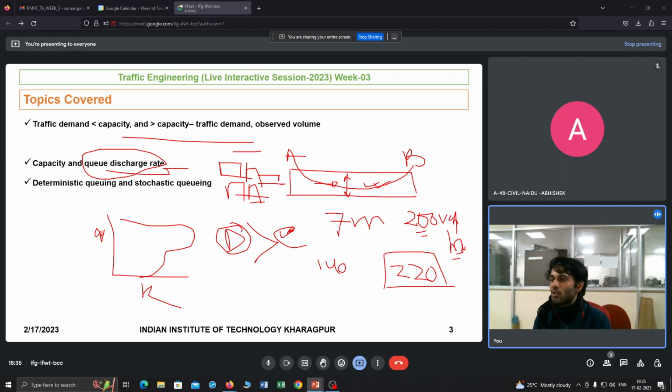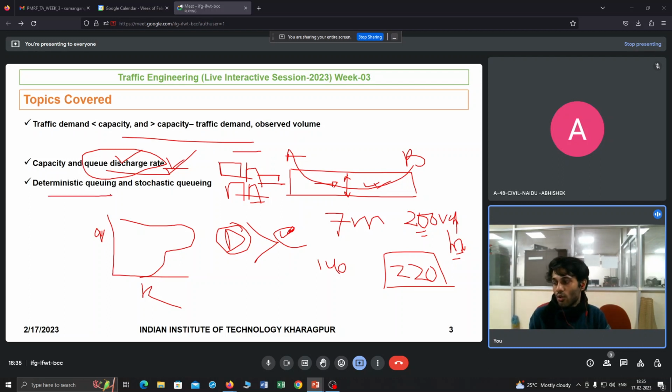So it is called the queue discharge rate. And sometimes it is actually very close to capacity, because your demand has reached the capacity, but it is not the actual capacity, because of this transition from unstable to stable, right? So your queue discharge rate is always less than your capacity.